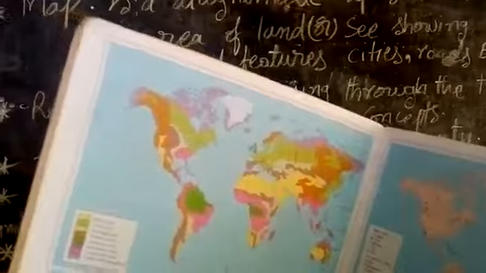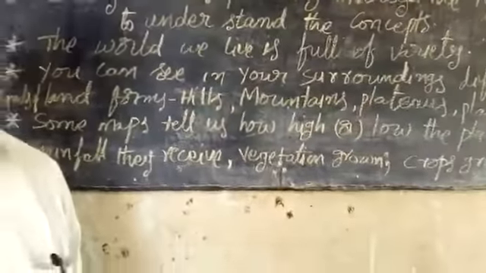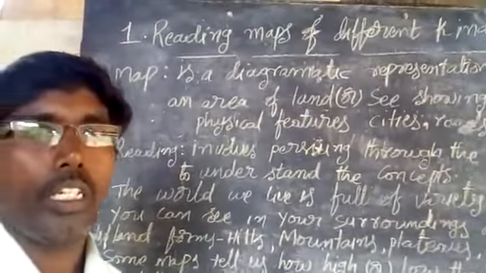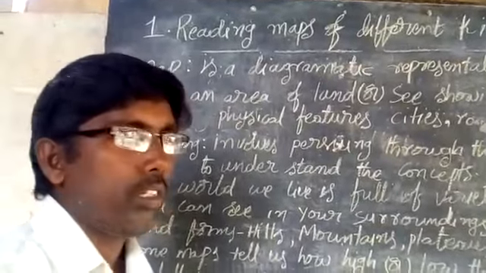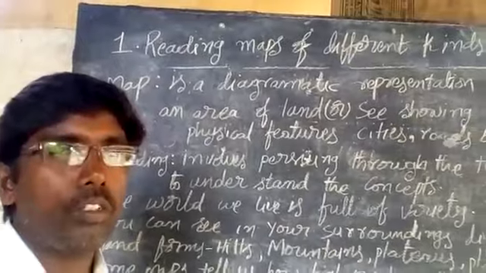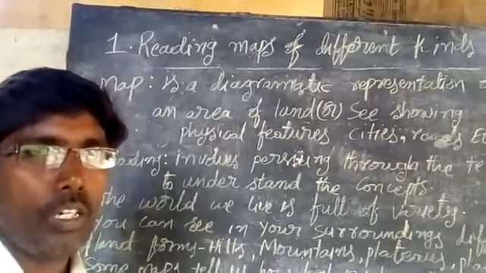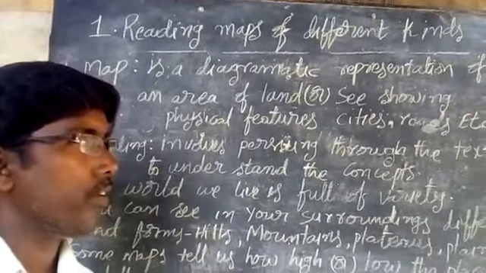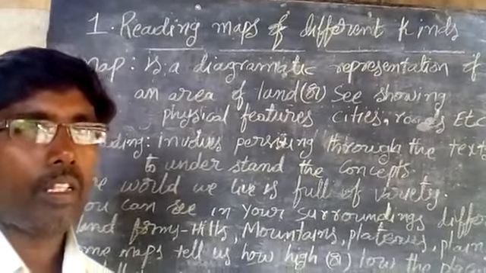Like that, you can see different kinds of maps in the atlas, because different kinds of landforms are there throughout the world. That's why we can see different kinds of landforms on the map.